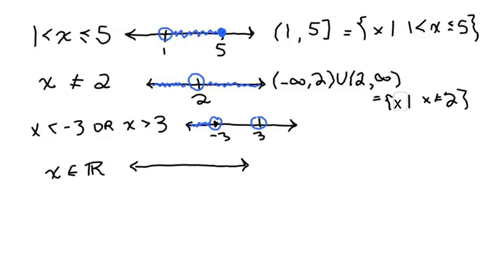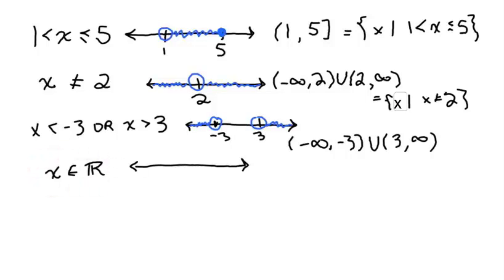And our second region is x is greater than 3, and that's the region over here. In interval notation, we'll have an interval from negative infinity up to negative 3 with an open bracket at negative 3, and we're going to join this with an interval starting at 3 with an open bracket up to positive infinity. I'm not going to write this one in set notation because I'm running out of room over here on the right.